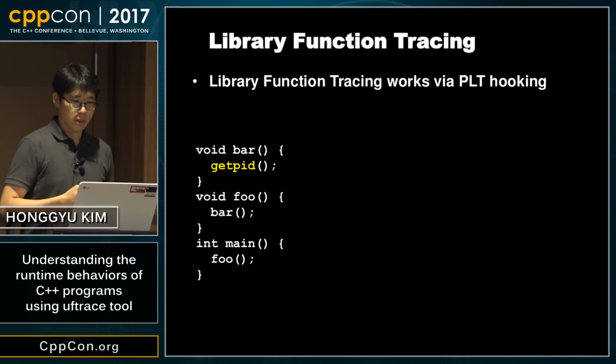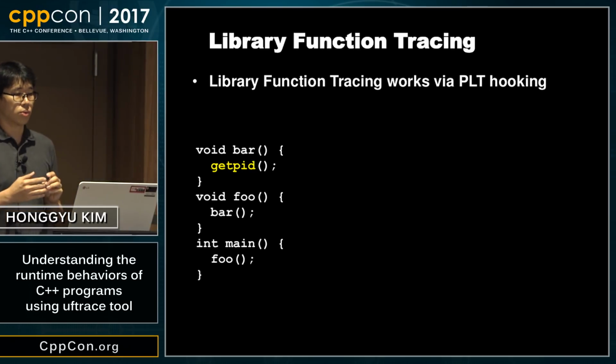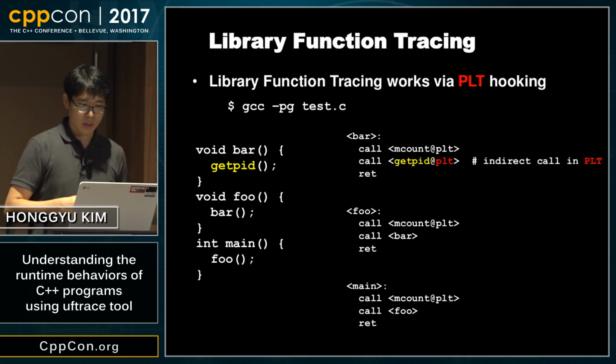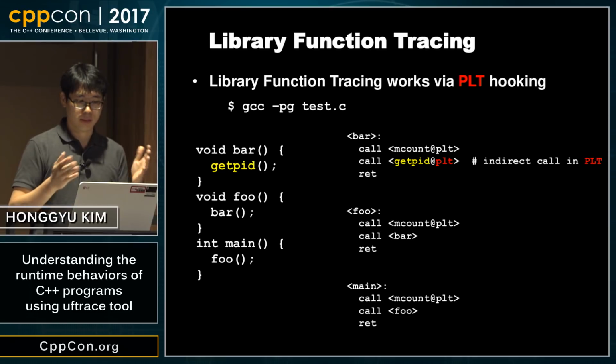If I put a library function call in the bar function, you can also trace it. So in bar, there is another function called getpid, but at the end there is a PLT symbol. It means that it is not calling a function inside the binary, but going outside of the binary.